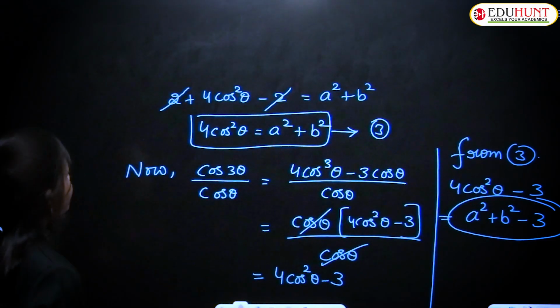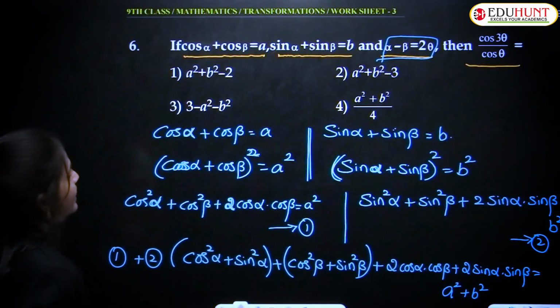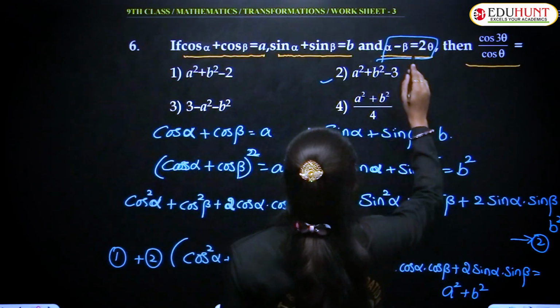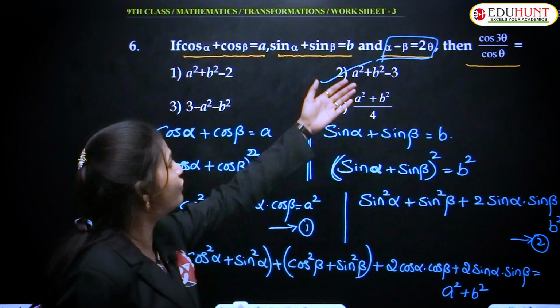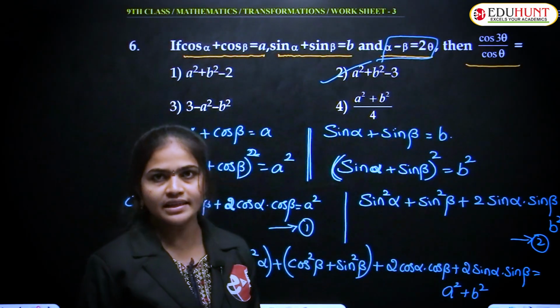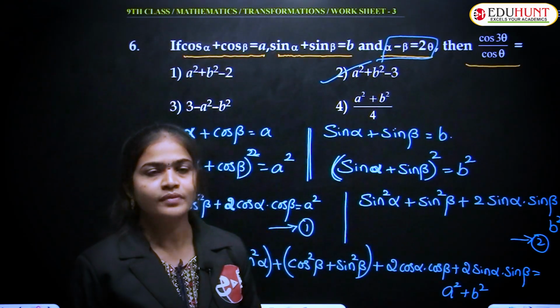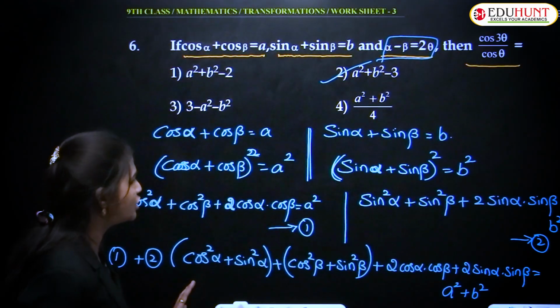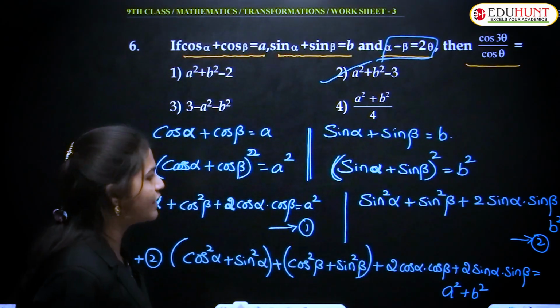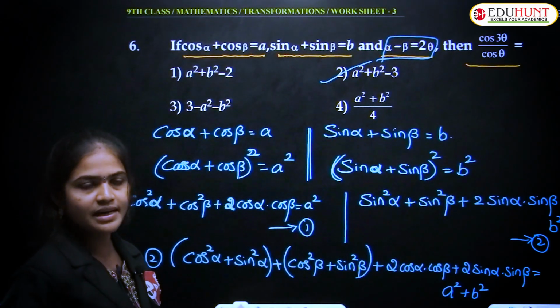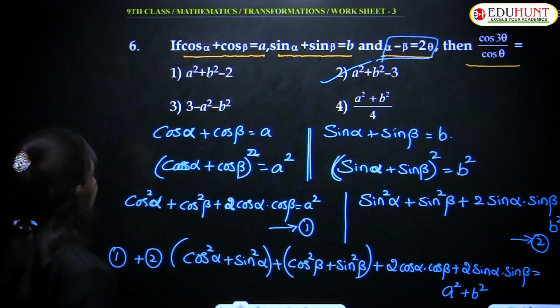That option is there or not? So that is the value of cos 3 theta by cos theta. Am I clear to you children? Okay, so we just have to check which option, which formula we have to use. Okay, understand? So let us see the next question, the 7th one.